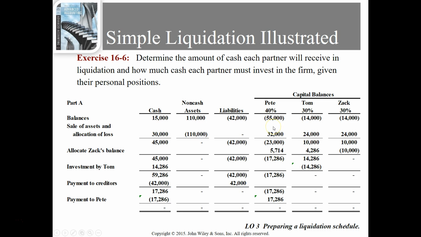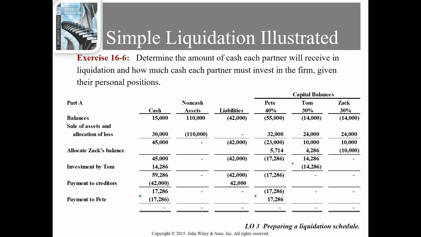So 40 divided by 70 times $10,000 gets you 5,714. 30 divided by the 70 times 10,000 gets you 4,286. Here is the revised balances.